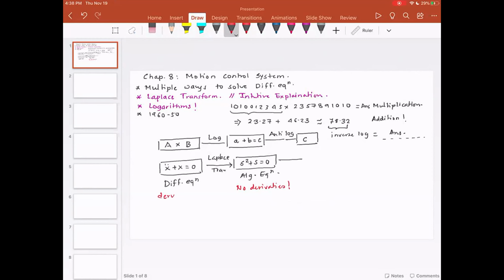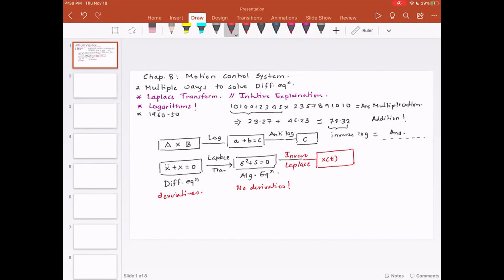Derivatives exist here, but there is no derivative here. So you can solve this algebraic equation, and then you will do the inverse Laplace, just like anti-log or inverse log, and you will get your solution x of t.